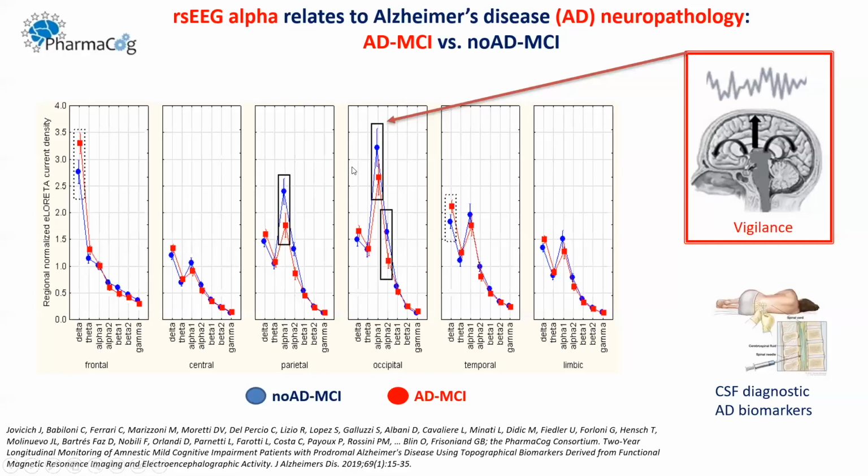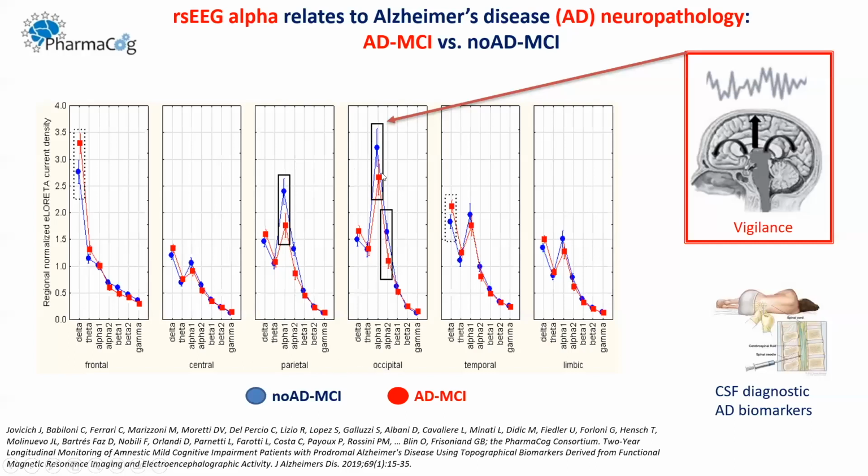And at the group level, there was a significant decrease of cortical sources of alpha rhythms in the occipital and the parietal areas, and an increase of delta low frequency source activity in the temporal region.